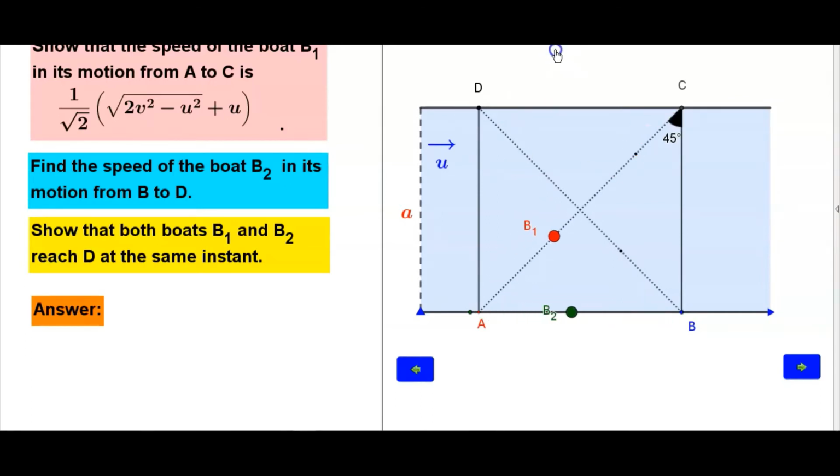These are the motions. But for the final part of the question, we want to show that the two boats reach point D at the same time.